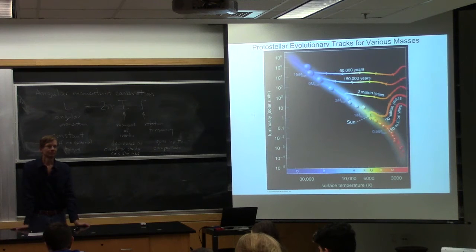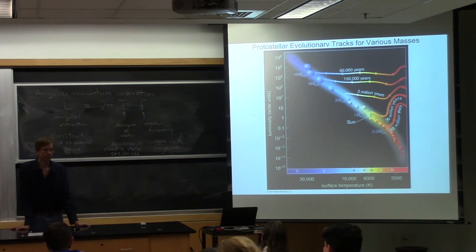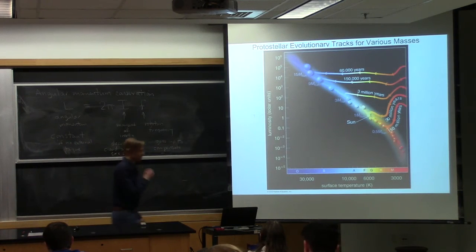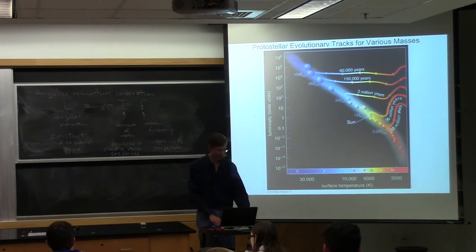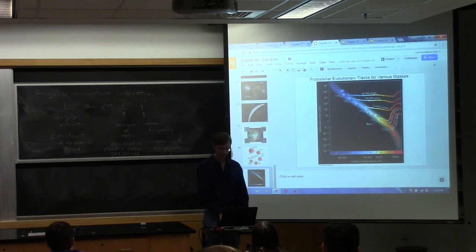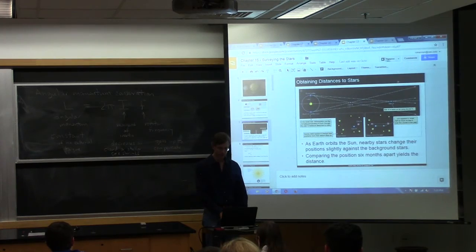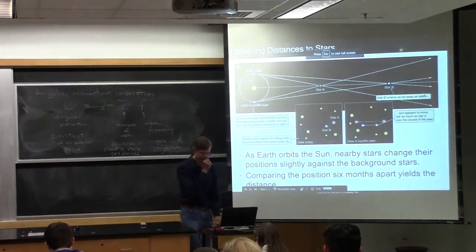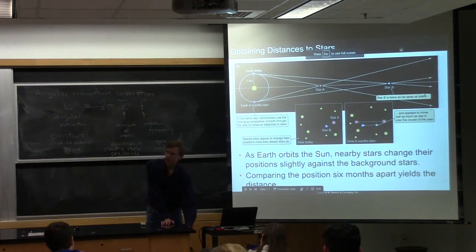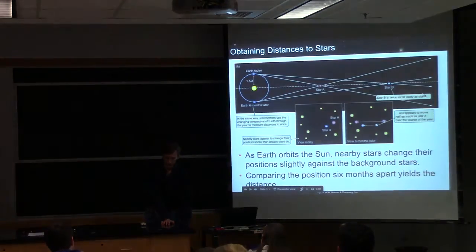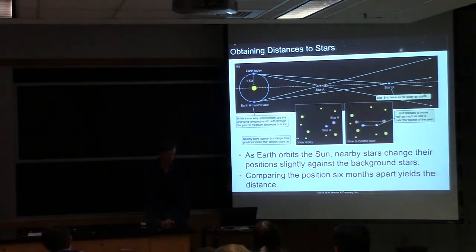Can you talk about stellar parallax and how we can use it to determine the distance to a star? Yep, so stellar parallax is utilizing the fact that as Earth goes around the sun, our point of view shifts as a result of that. It's like parallax with just your eyes.